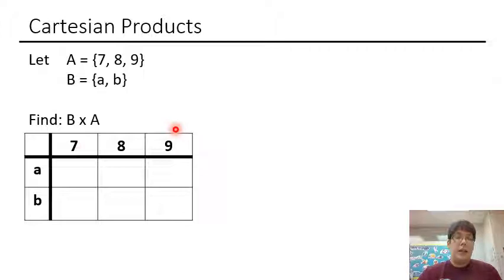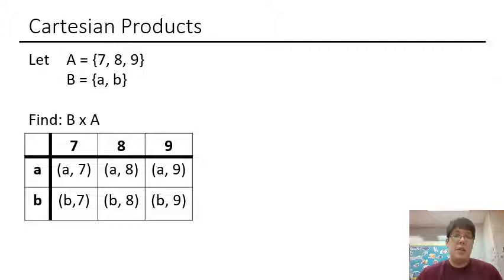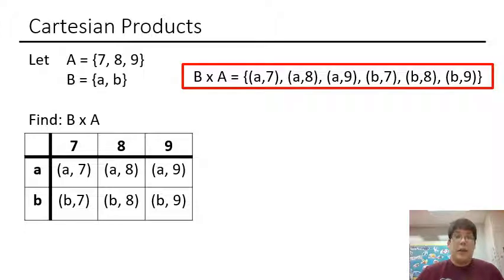Again, I take the first set and line it up on this vertical axis, I take my second set and line it up on the horizontal axis, and then you do your cross products. So we're going to have the ordered pairs (a, 7), (a, 8), (a, 9), and then (b, 7), (b, 8), and (b, 9). Now you can write all of those out in B crossed with A. Again, make sure that you separate your ordered pairs with a comma.